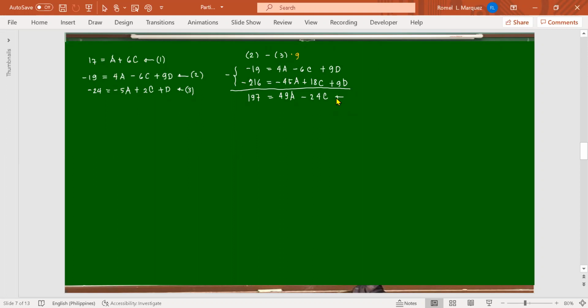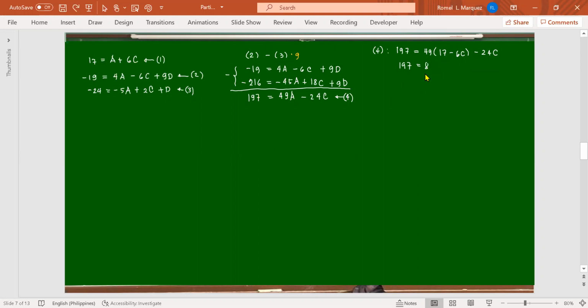From here, this is equation number 4. From equation number 4, I can replace A. So 49 times A. But A is 17 minus 6C minus 24C. So getting 197 is equal to, what about 49? 49 times 17. That is 833.